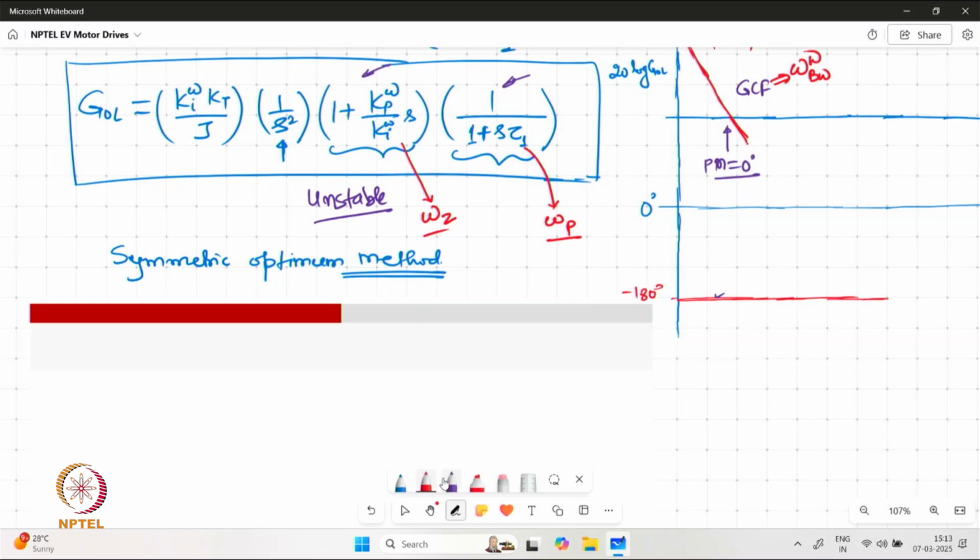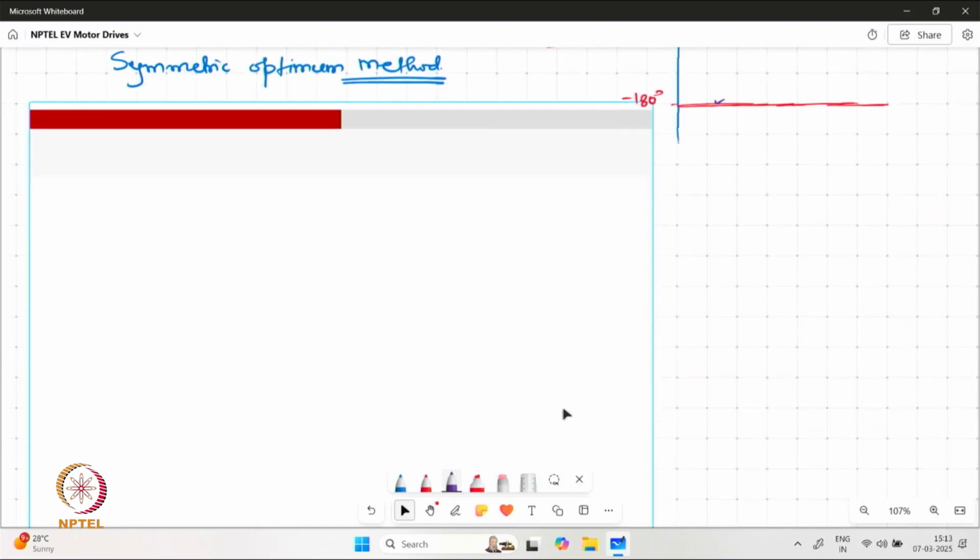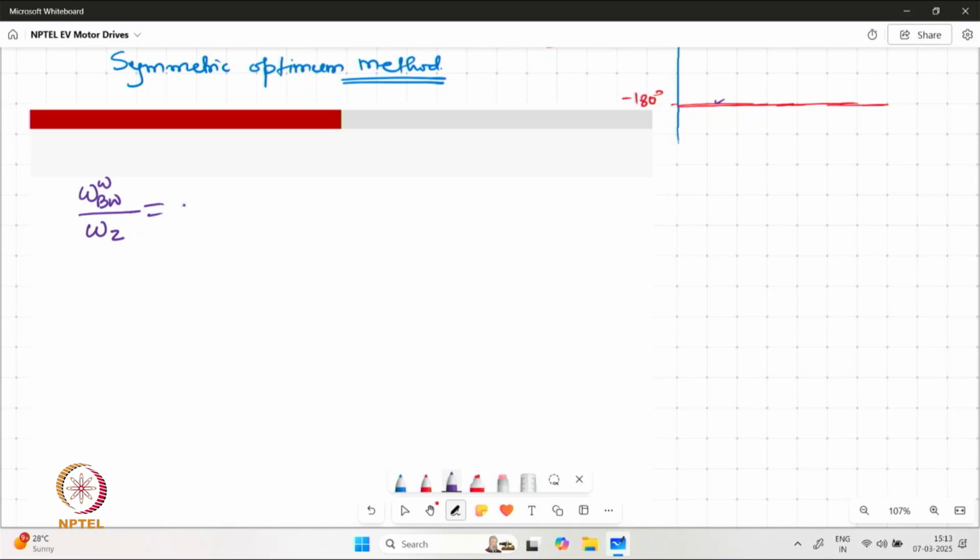So let us assume that the ratio of the two frequencies is A, which means that the bandwidth and the zero have a ratio A, and the pole and the bandwidth also have the same ratio.